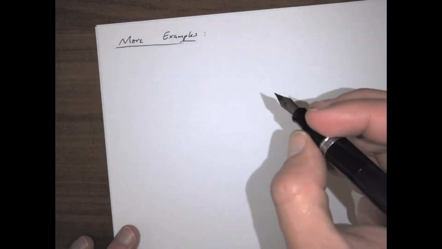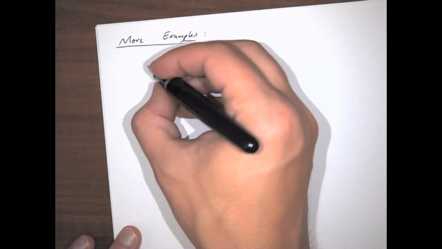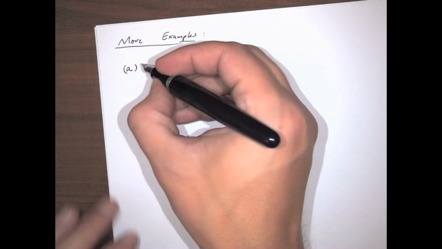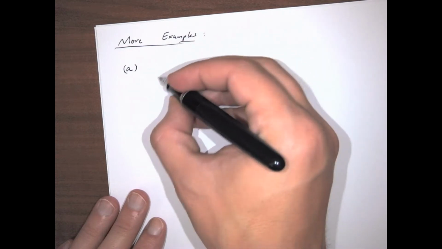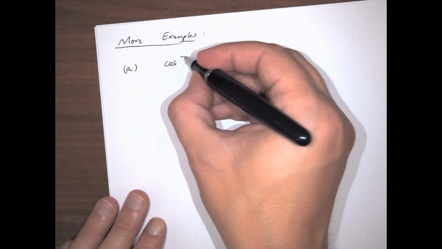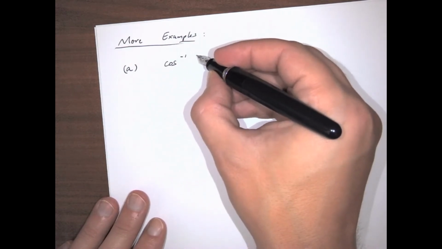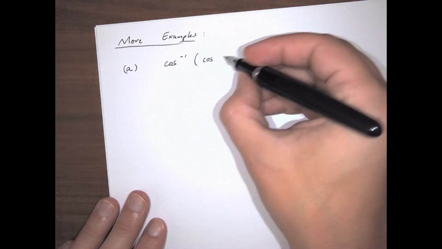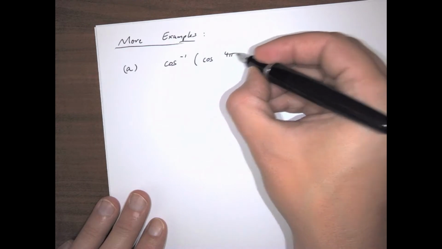Okay, so let's start with something relatively easy here. And we'll just say cosine inverse of the cosine of 4 pi over 5.